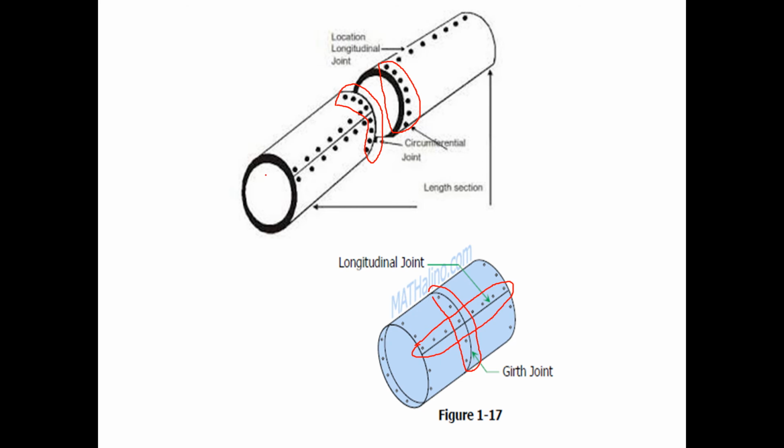Because if we combine multiple rings and join them with these two joints, the longitudinal butt joint and the circumferential lap joint, we can get the entire shape and size of the boiler. So the circumferential lap joint is used for determining the length of the boiler, and the longitudinal butt joint is used for determining the diameter of the boiler.